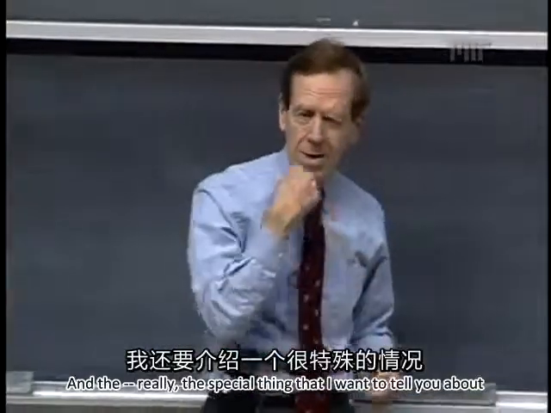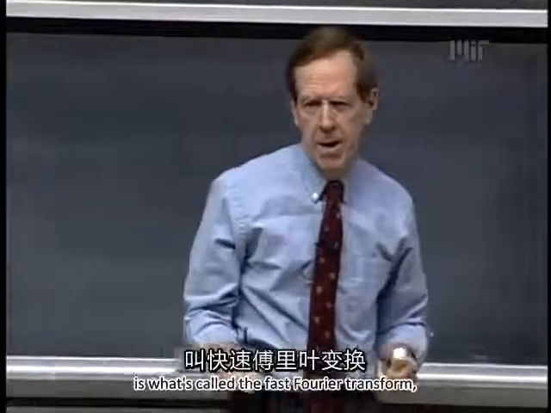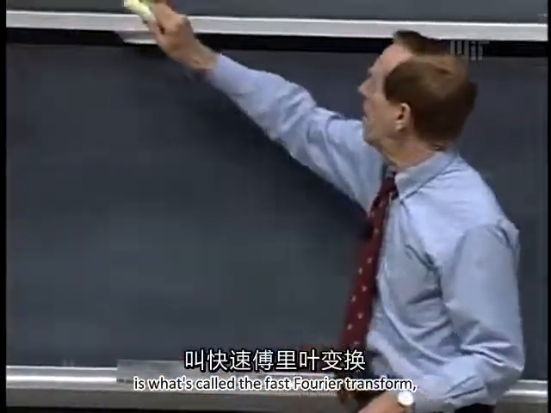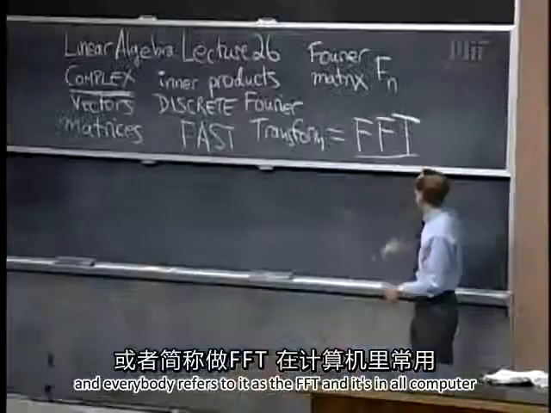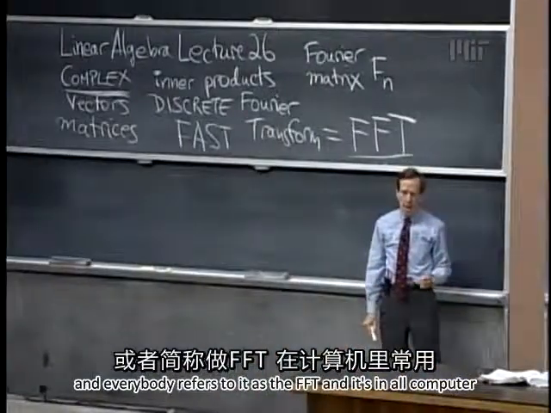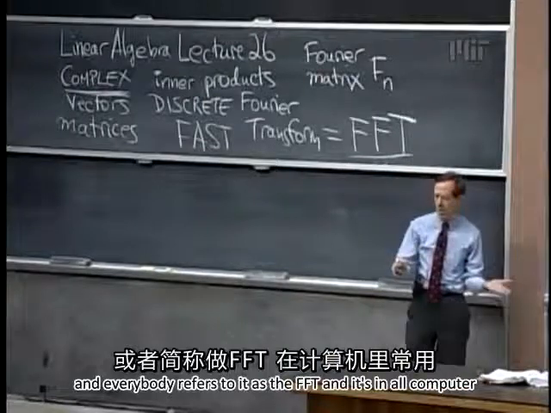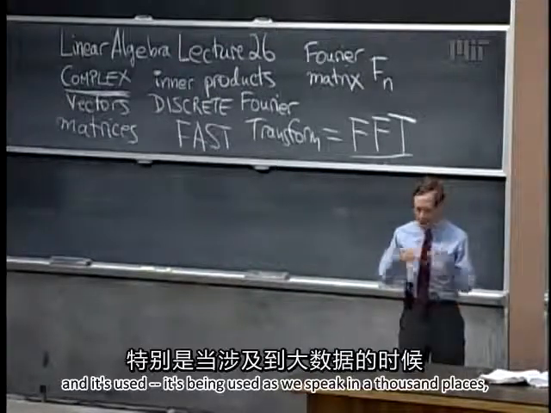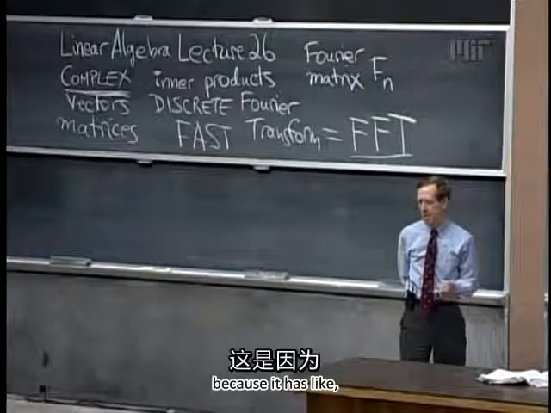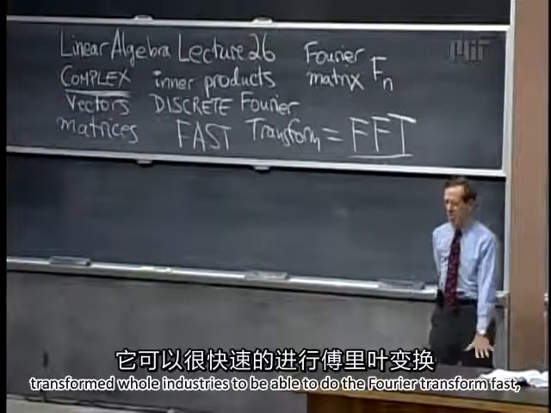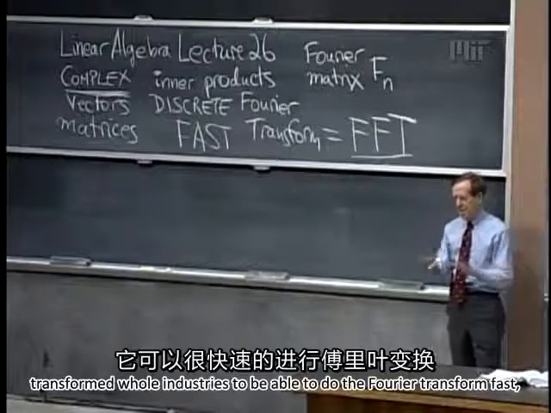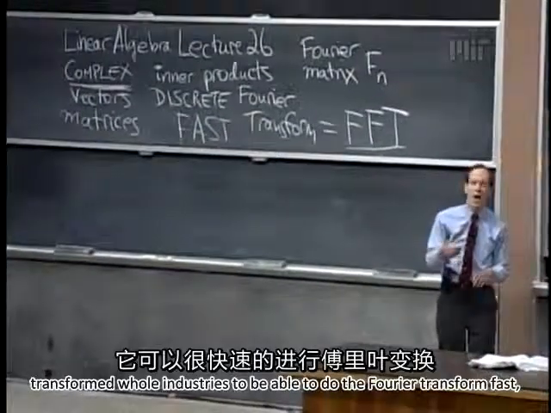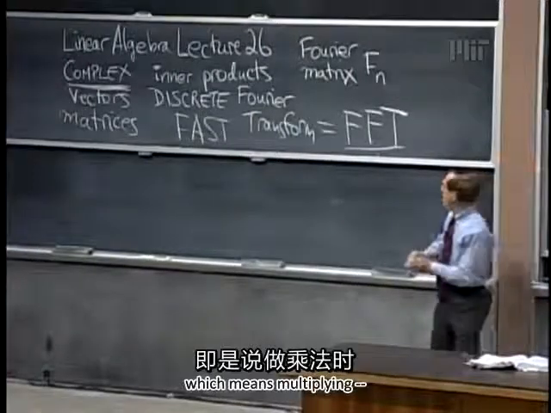And the special thing that I want to tell you about is what's called the fast Fourier transform. And everybody refers to it as the FFT. And it's in all computers, and it's being used as we speak in 1,000 places, because it has transformed whole industries to be able to do the Fourier transform fast, which means multiplying.